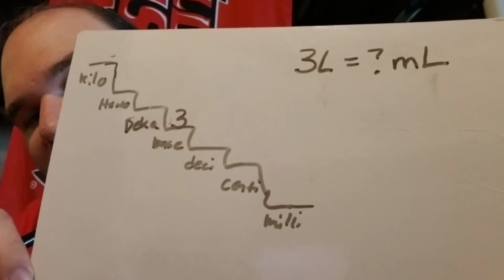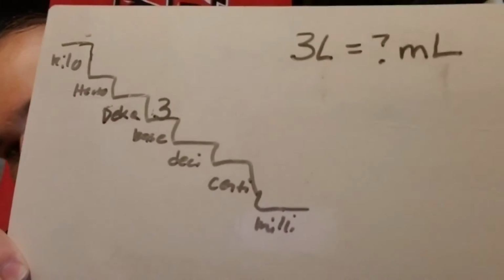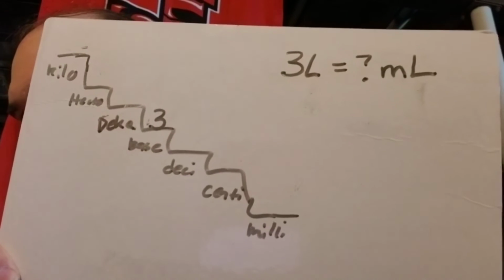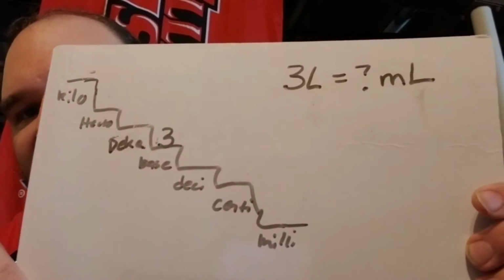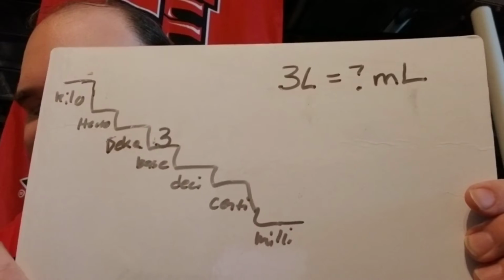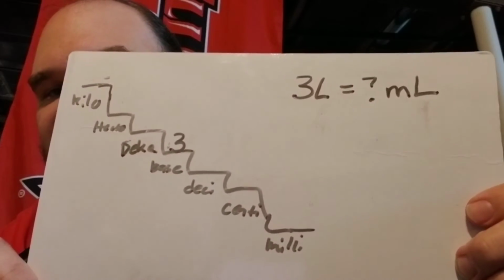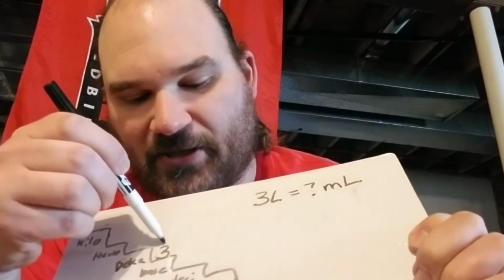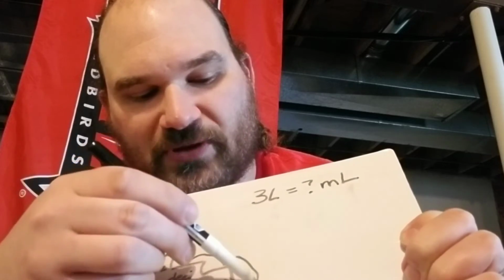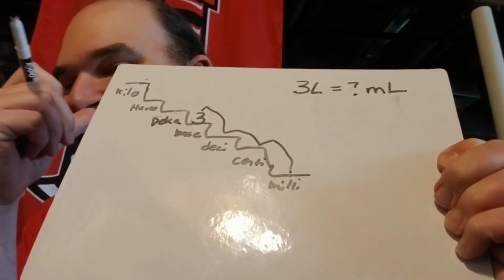Okay, final one. Let's pretend you got that giant thing up top, the 3-liter bottle. That Chicago Zone or whatever it's called. How many milliliters are in there? Because hopefully you're not going to drink the full 3 liters yourself. So since we're going to milliliters, we're going to jump onto our scale. We're going down 1, 2, 3 down to here. Okay, and then we'll rewrite our 3.